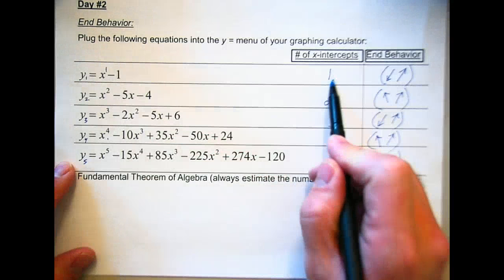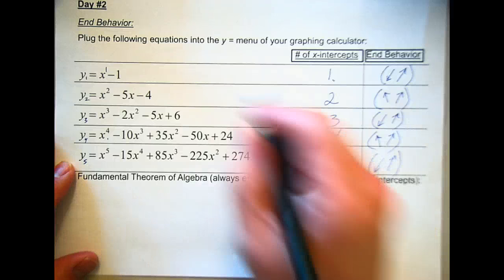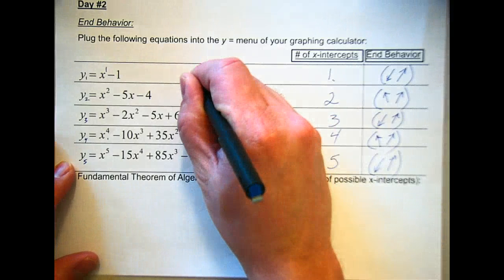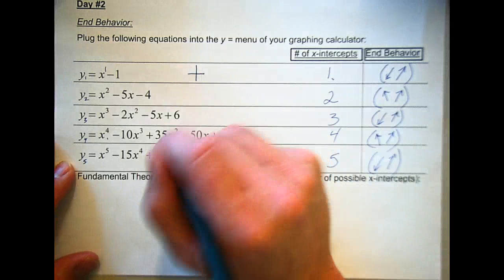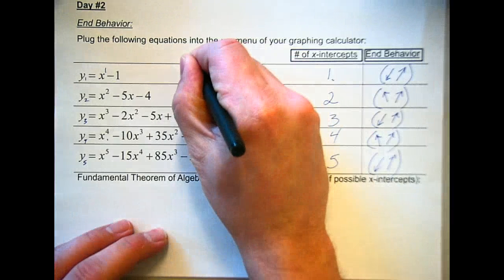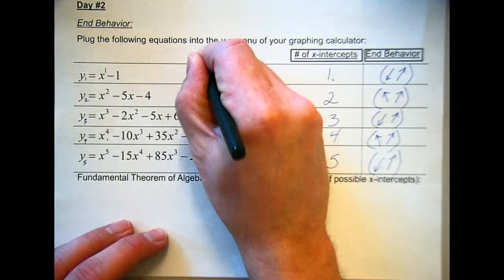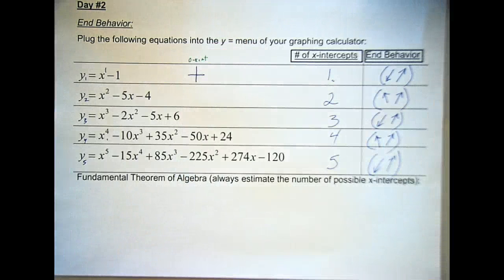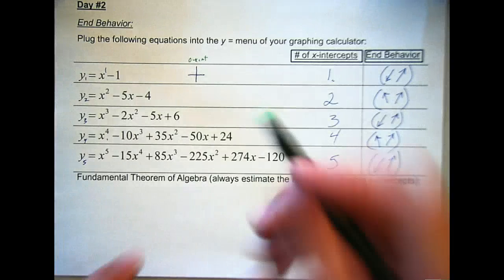Now, with that being said, can anyone think of a linear equation where there is not an x-intercept? Why don't you sketch it on your paper right here, where there's 0 x-intercepts? Okay, Nick?